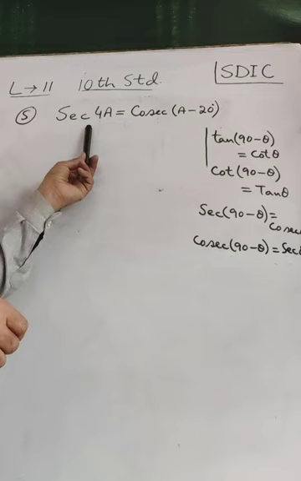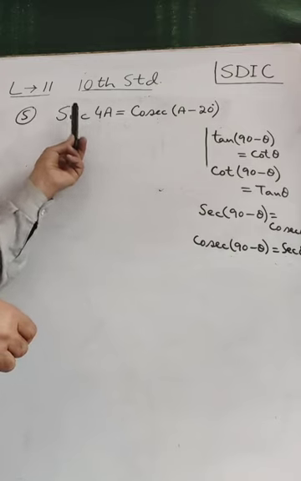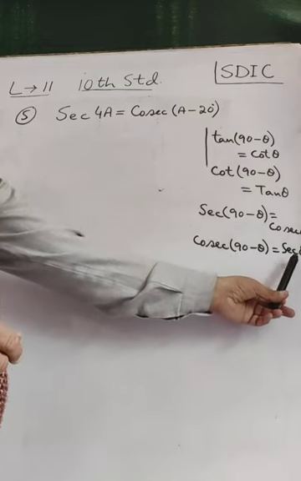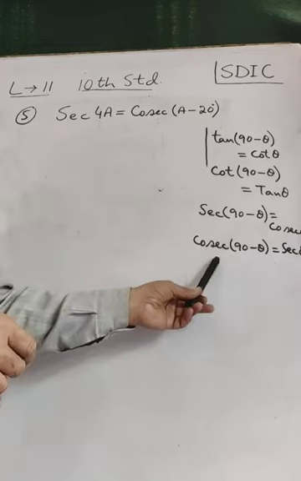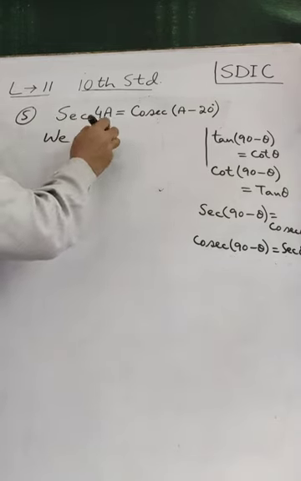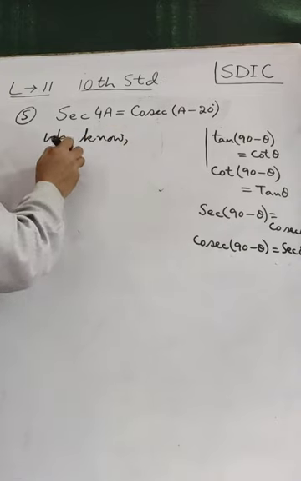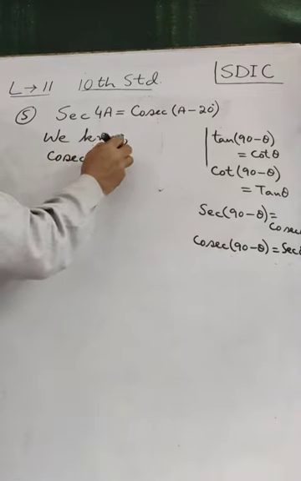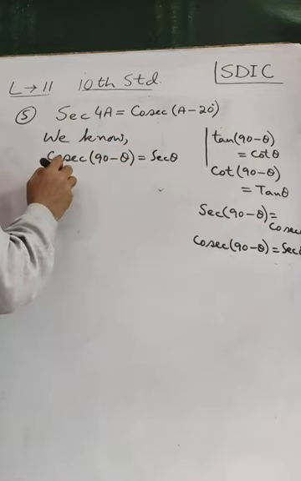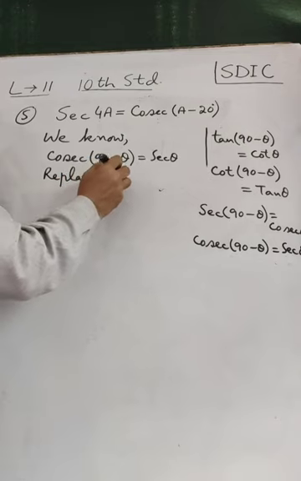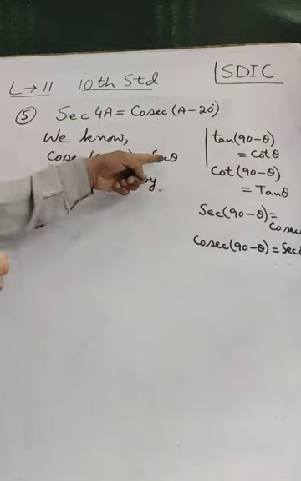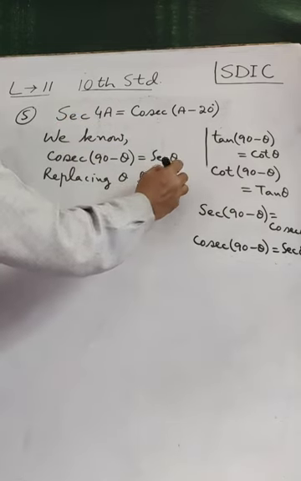We again chose the one with monomial angle. 4a is monomial, it has sec, so we'll use the relation with sec theta, monomial angle. It is cosec 90 minus theta is equal to sec theta, and in this, sec 4a, theta will be replaced by 4a.